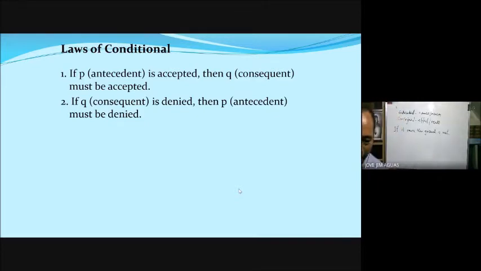How do we deny the consequent? If you say the ground is wet, to deny that means the ground is not wet. So you reject this. What should be the conclusion? Anyone? Hello?